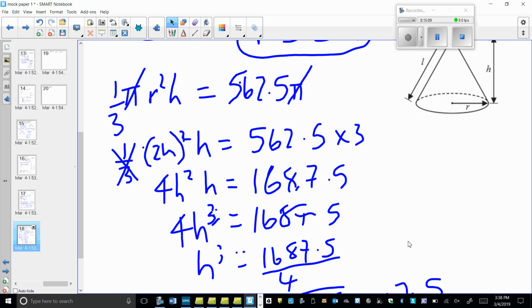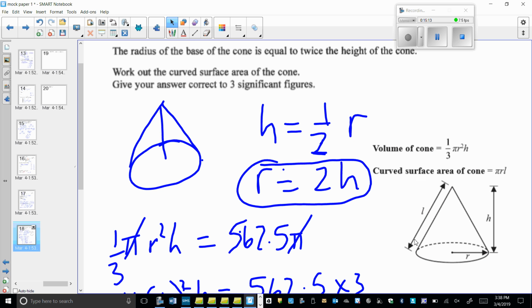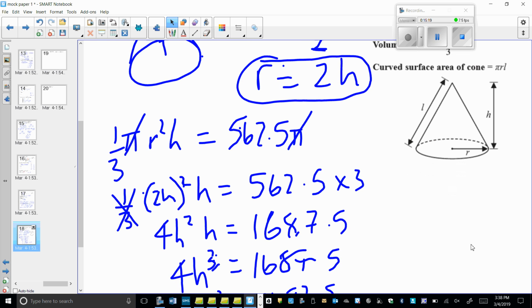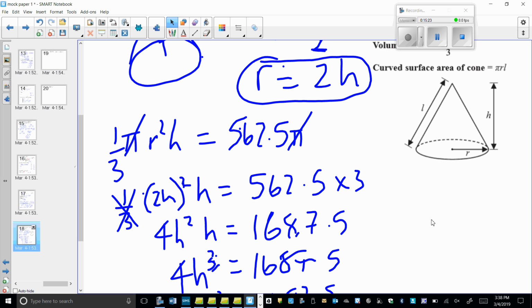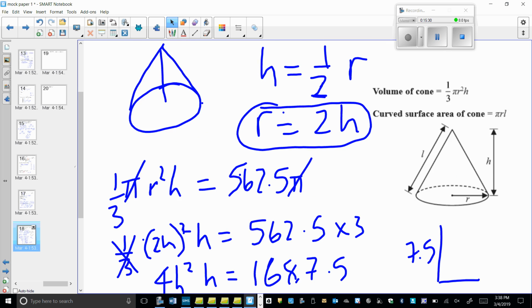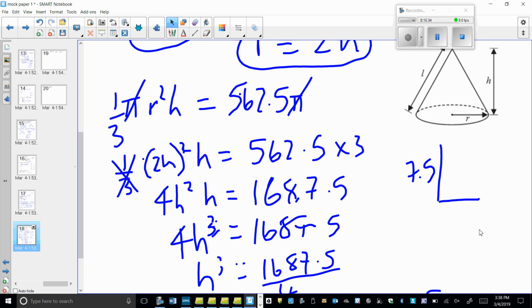And what do we want to know? The curved surface area of the cone. So we need to know L. So we need to use Pythagoras now, because we know that this is 7.5. R is 2 lots of h. So R is 15. So we're going to use Pythagoras to find that.